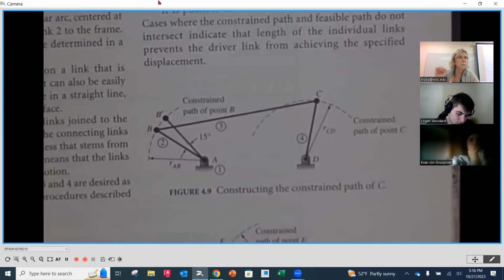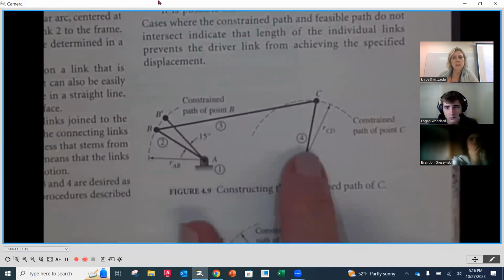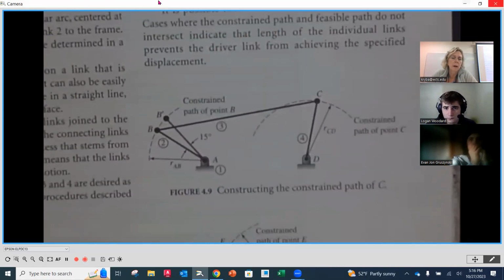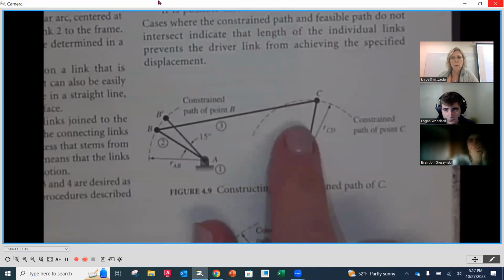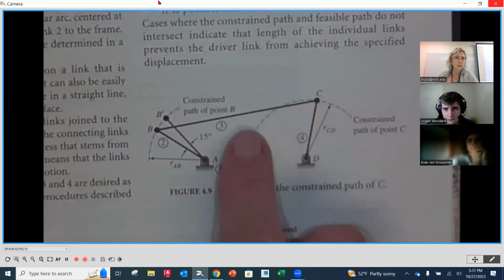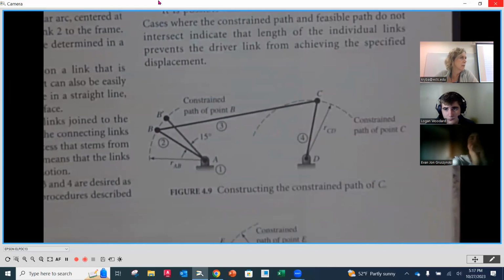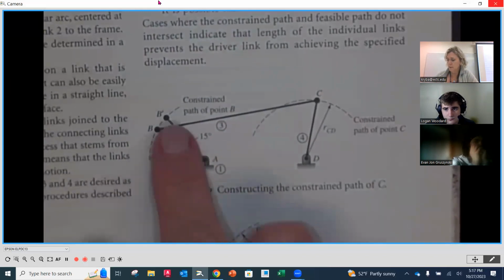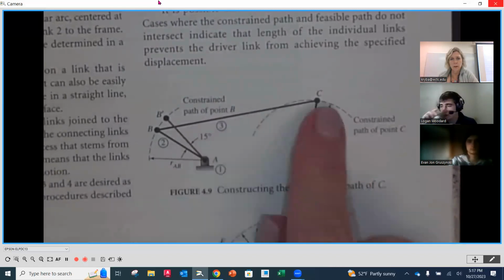So it's a circular motion there, and it can only move in an angular fashion with the fixed point at A. When we look at the other link over here, link number 4, which is considered our output, you're going to notice it too is only able to rotate about that fixed center, D. So point C can only move on that curved path tied back to the center of rotation at D. So now if B can only go on a curved path, C can only go on a curved path.